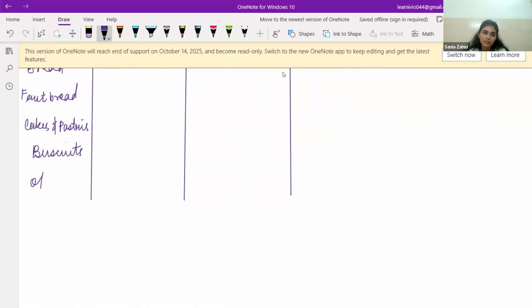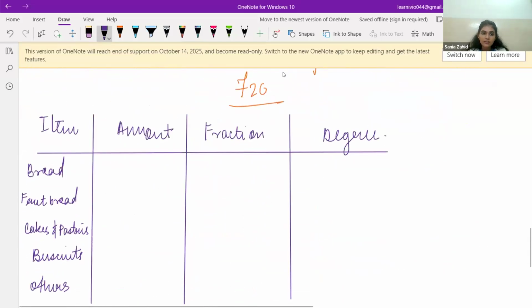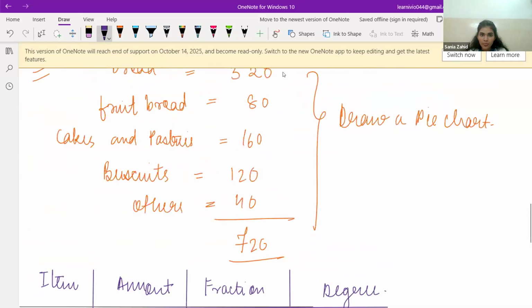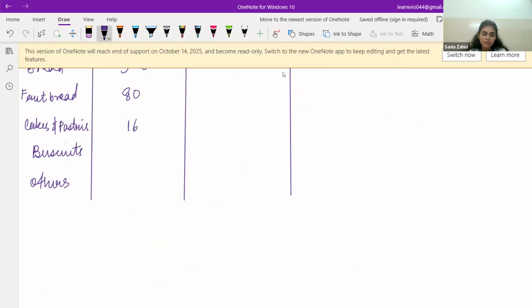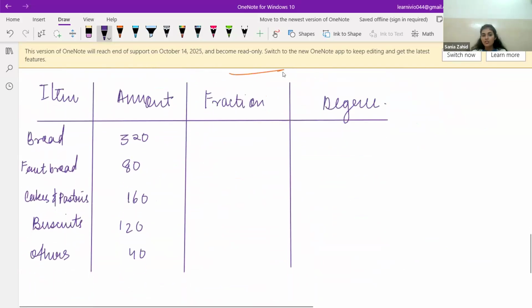Then you have other items. So children, the amounts are 320, 80, 160, 120, 40. Yeah. So now how will you find the fraction?